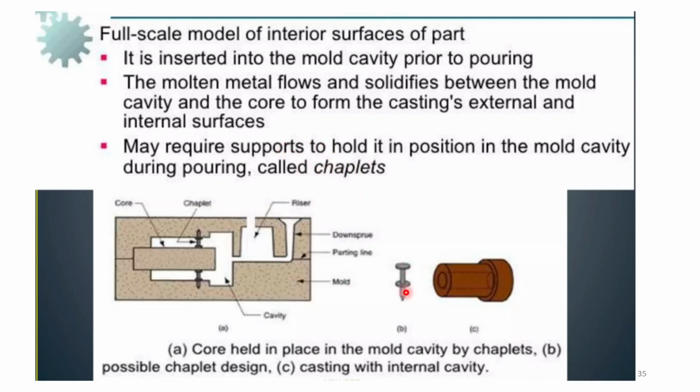So these chaplets look like this. These are used in this manner to hold this in position, and these chaplets are made of a metal or material which is compatible with the metal that you are pouring. For example, if you are making aluminum, then it will be made of aluminum. And this is the casting with internal cavity. So there is cavity inside it. So there will be inner diameter and outer diameter.